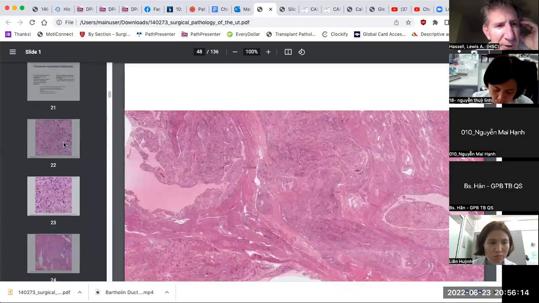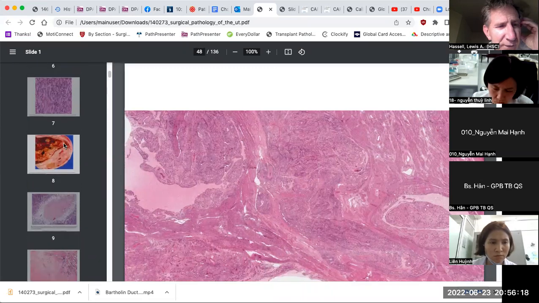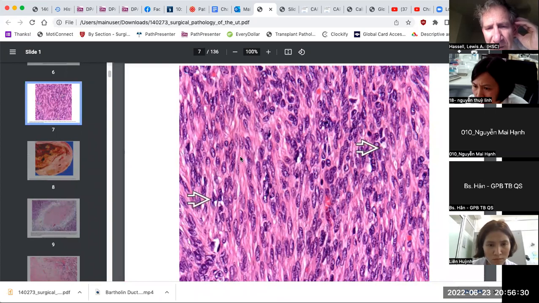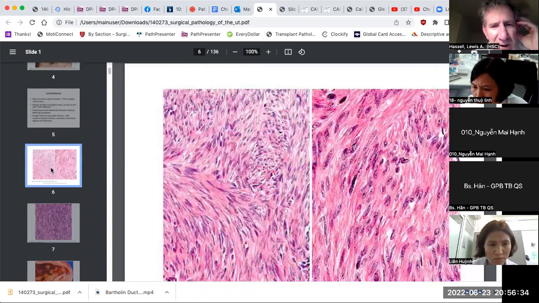Let's pull that up here. With paranuclear vacuoles like these in smooth muscle cells and sort of streaming, this is the fascicular pattern.